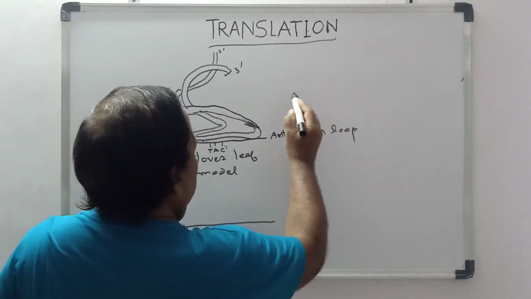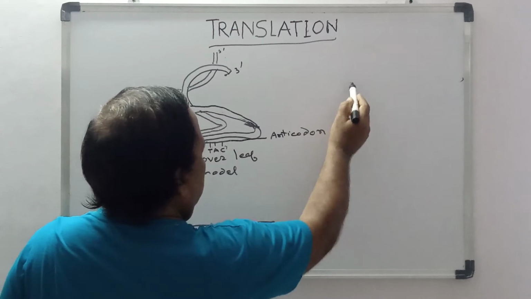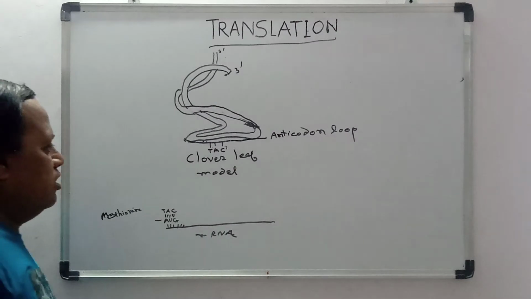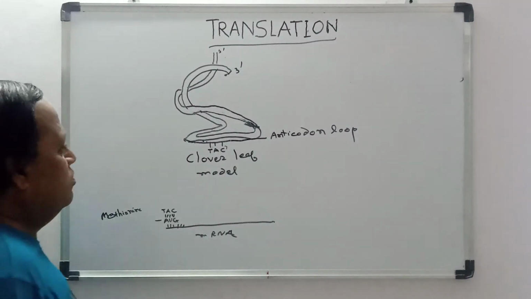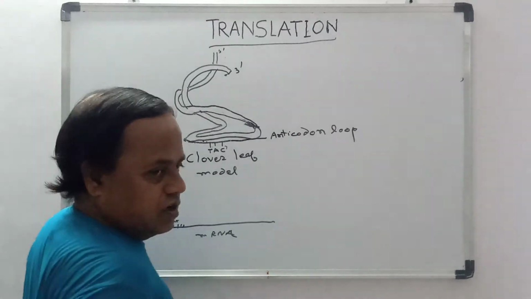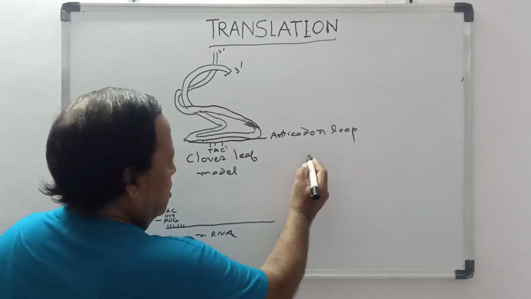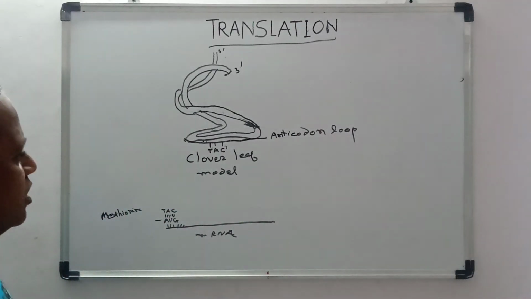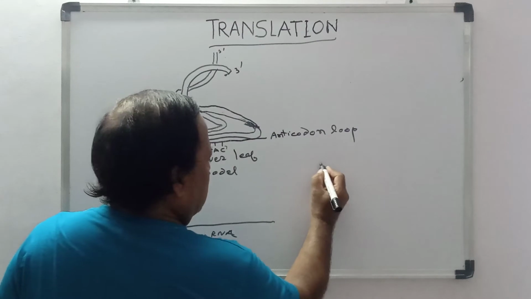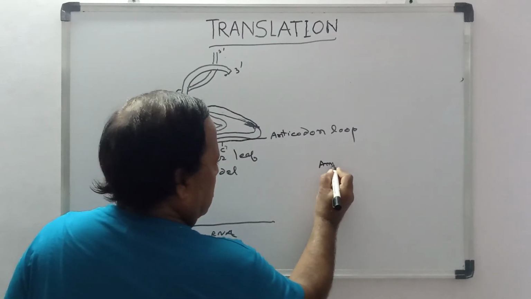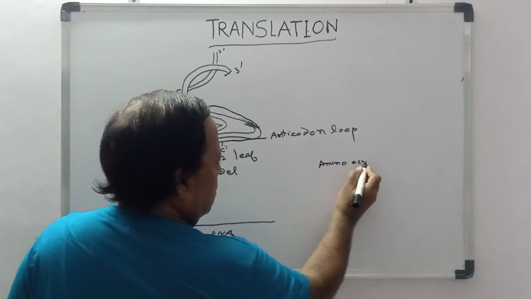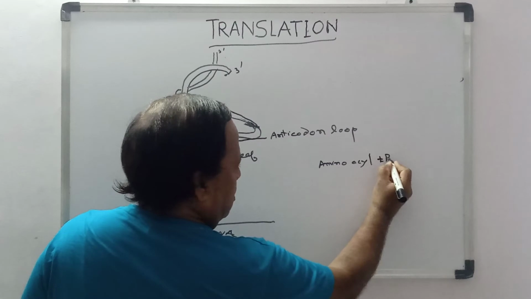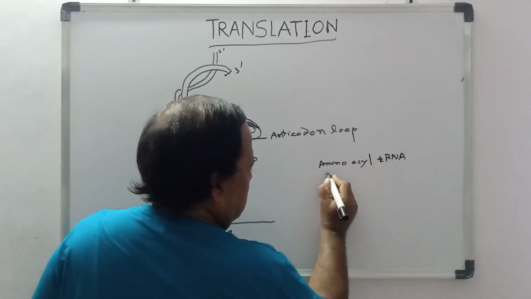But how will the methionine be searched in the cytoplasm? For getting methionine or amino acids from the cytoplasm, the transfer RNA will require a lot of energy, and the process is called amino acylation or charging of transfer RNA. It is done by amino acyl transfer RNA synthetase.